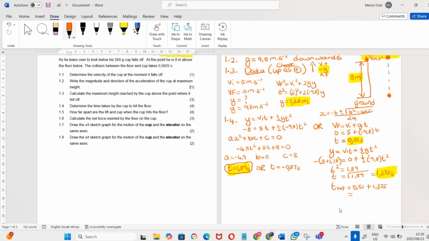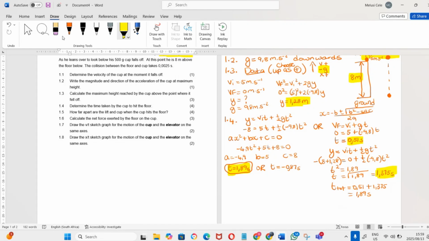And if we add those two numbers together, I get 1.885, which is 1.89 seconds.